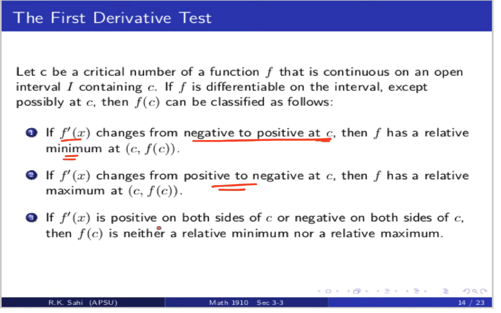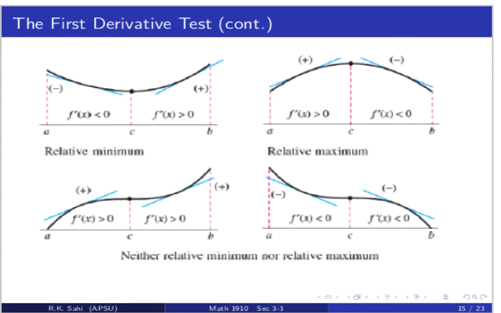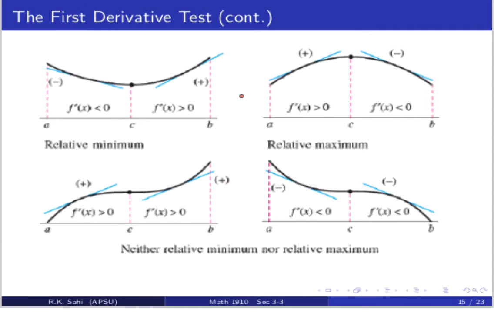If the derivative is positive on both sides of c or negative on both sides of c, then the function at c is neither a relative maxima nor a relative minima. So graphically you can see it over here. In the first derivative test, if the function is having a relative minima, notice the graph goes down, that means the derivative is negative, then the derivative becomes positive.